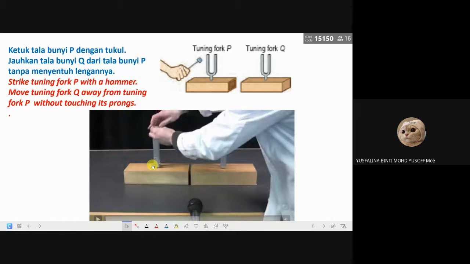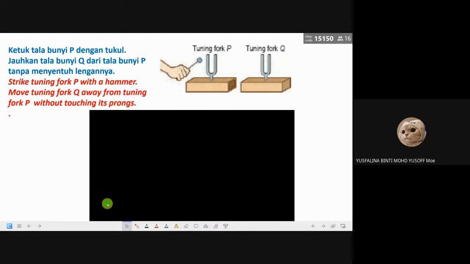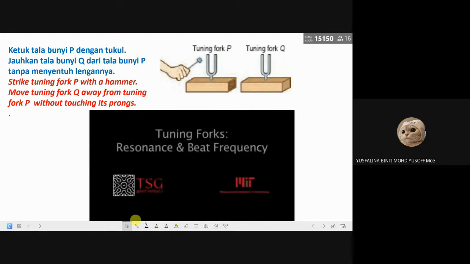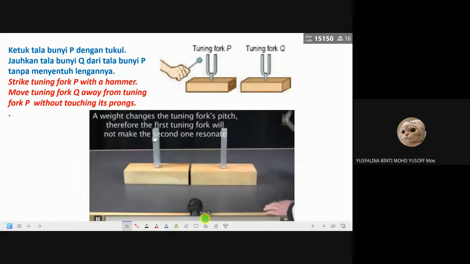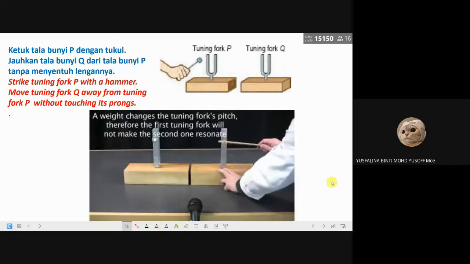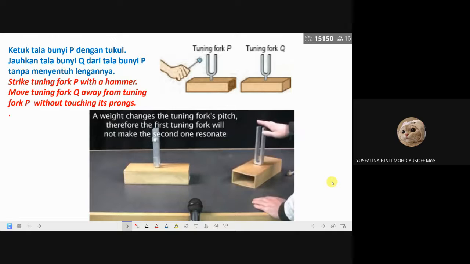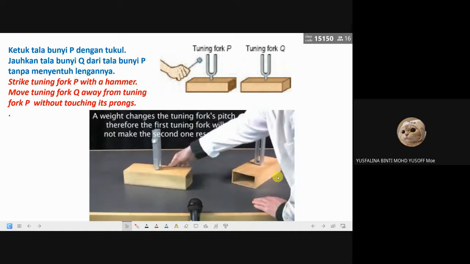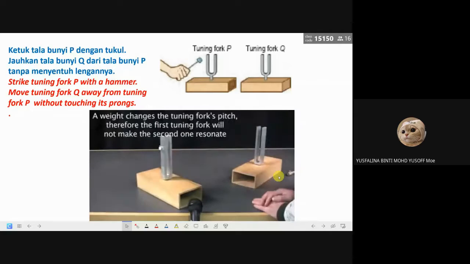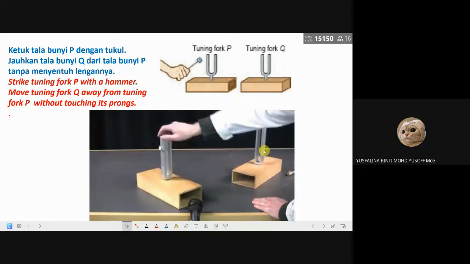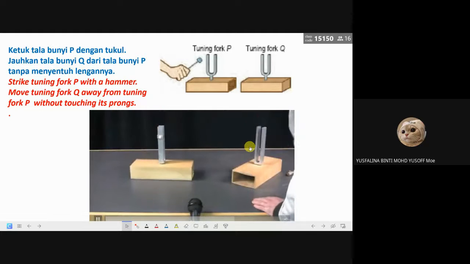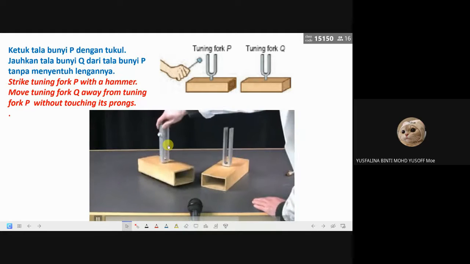So when you put weight here, they are not identical anymore, which means they are not the same in frequency. So what happens if you strike the tuning fork? Can you hear any sound produced from tuning fork P? No, because now they don't have the same frequency, so tuning fork P will not oscillate.